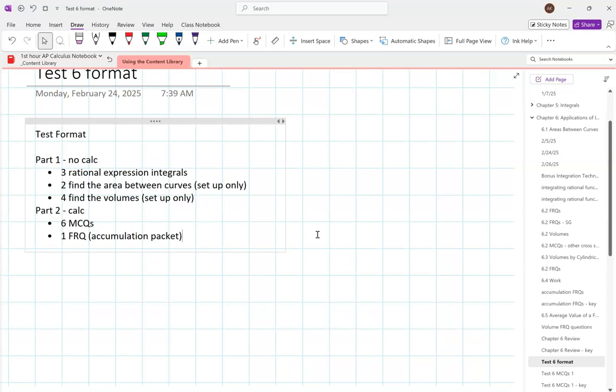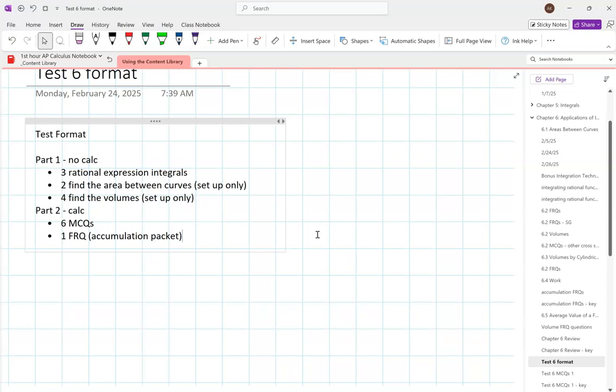For an MCQ, if you have a calculator, I'm not doing anything by hand unless I absolutely have to, right? If it's a definite integral or a definite derivative, the calculator is going to do that for me. Only if it's an integral that will have the plus c in the answer am I going to do this by hand. Otherwise, the calculator is going to do this for me.